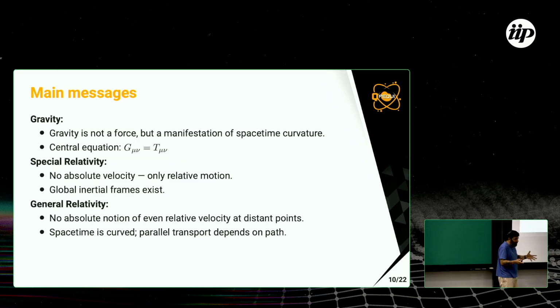When you deviate from free fall, like we are standing here, we are not free falling, so we feel gravity. Something must hold us here. That's what we understand as gravity today.